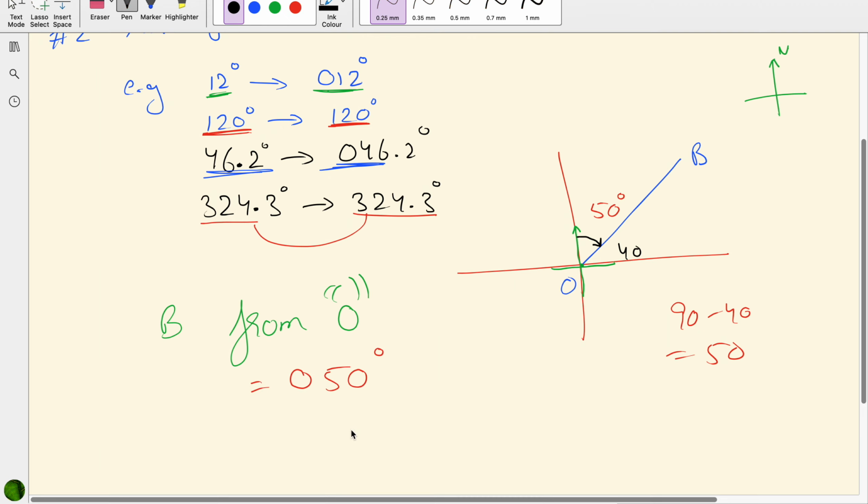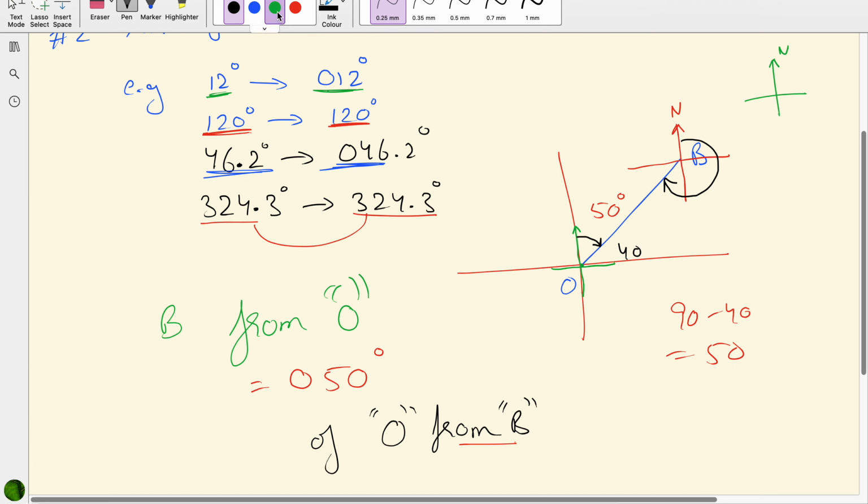Part of the question may be that find the bearing of O from B. So bearing of O from B. Now you have to draw your direction compass at B. From B would mean you draw this at B, and your desired answer will be clockwise from north until you reach this line of O. So use your knowledge of angles by solving these.